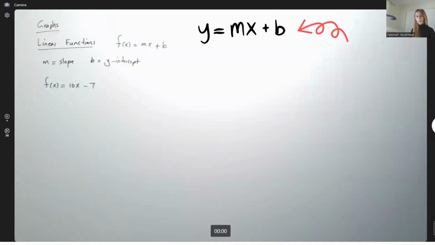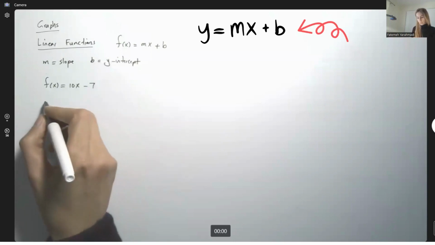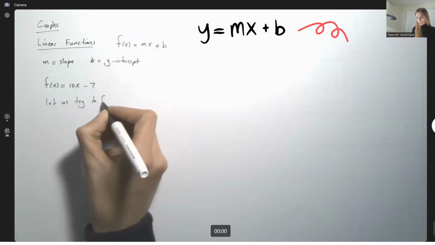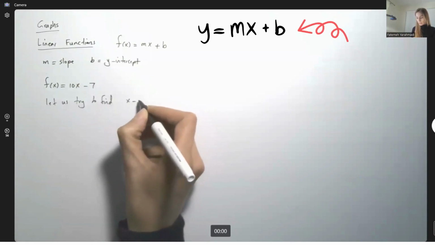When we try to graph a function, we're going to find the x-intercept of the function. Let us try to find the x-intercept.